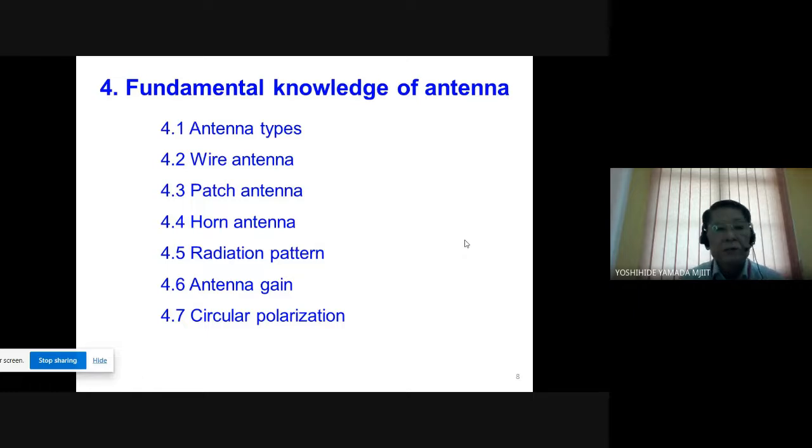So I would like to explain the main contents of this lecture. Fundamental knowledge of antenna types, wire antenna, patch antenna, horn antenna, radiation pattern, antenna gain, and circular polarization is very interesting, so I explain it here.